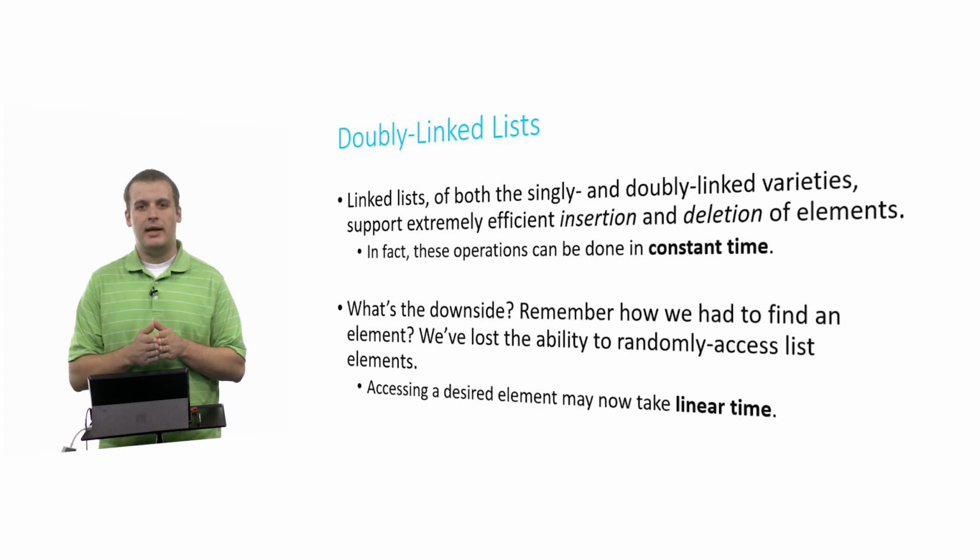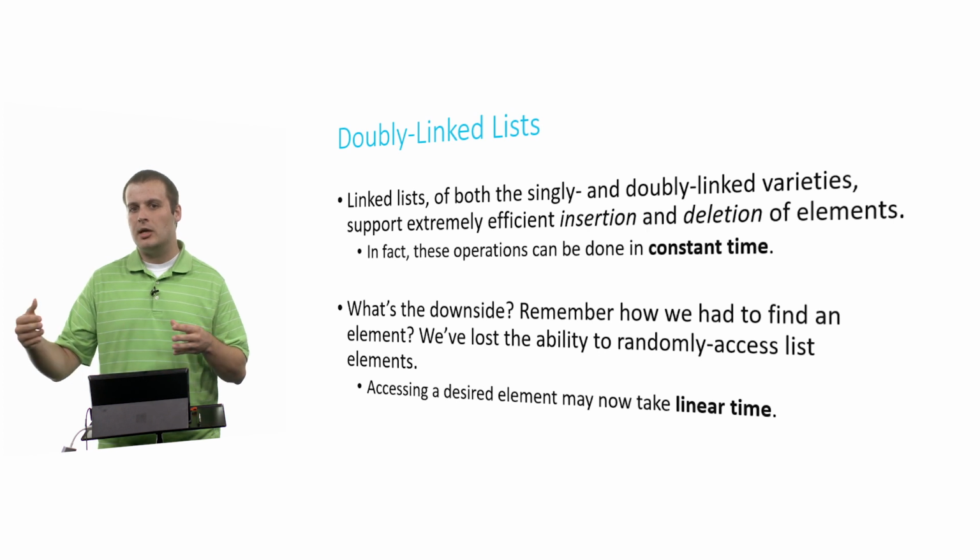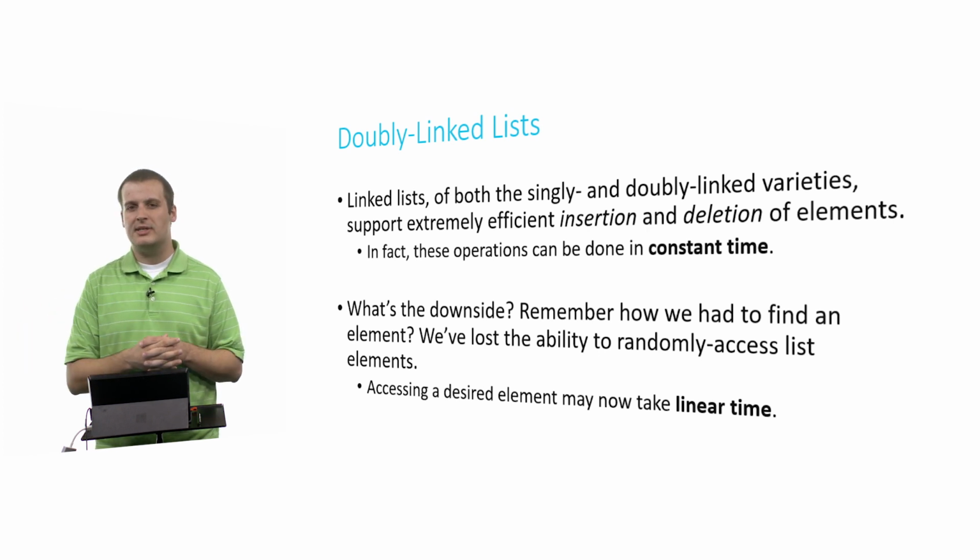We can't say I want element number 4 or element number 10 of a linked list the same way that we can with an array, where we can just directly index into our array's elements. And so trying to find an element in a linked list, if searching is important, may now take linear time. As the list gets longer, it might take one additional step for every single element in the list in order to find what we're looking for. So there are trade-offs, right? There's a bit of a pro and a con here.